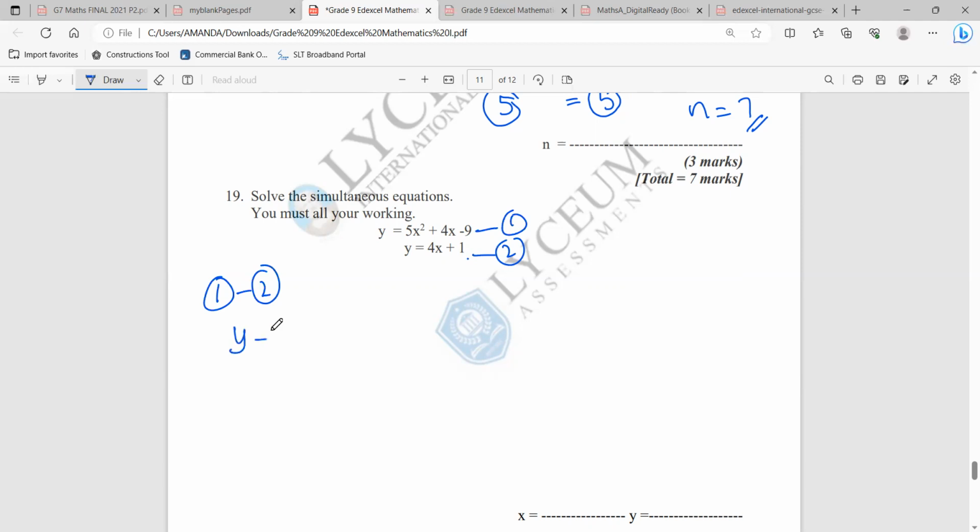So y minus y is 0. Then 5 minus 9, and then this is minus 4x minus 1, because I'm subtracting 4x plus 1 from this. So when you do this, it is 0, 5x to the power 2. This 4x minus 4x you can cut off.